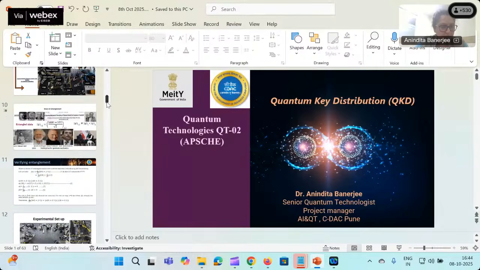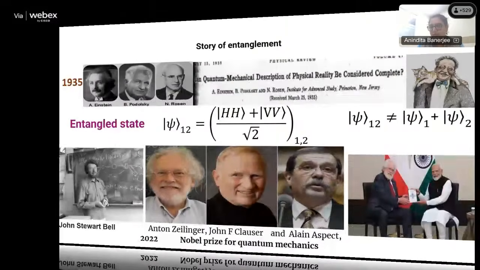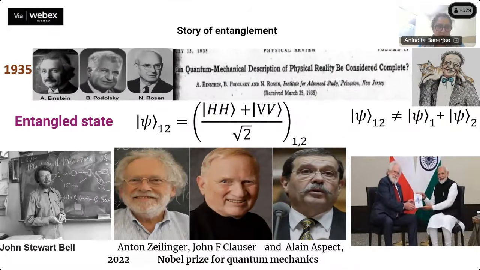Yeah, so I'll go back to my presentation, and I was talking about entanglement. In entanglement, the story started around 1905 when Einstein said that energy is discretized and there is a unit of energy, and he was talking about photons. But he was also a little puzzled.